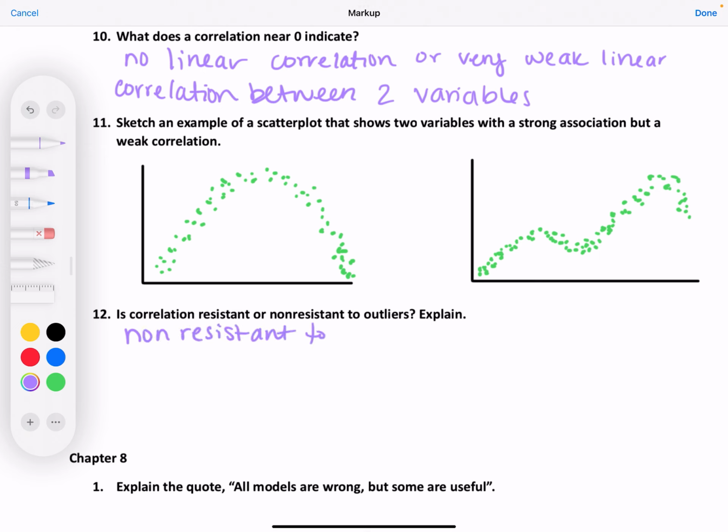A single outlier can dominate the correlation value. And correlation does not equal causation, as y'all said.